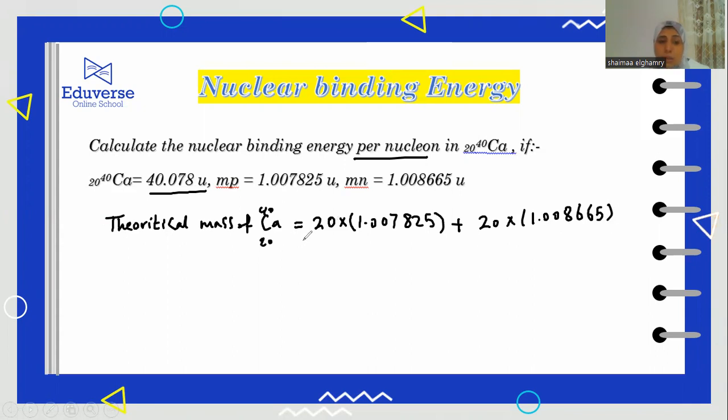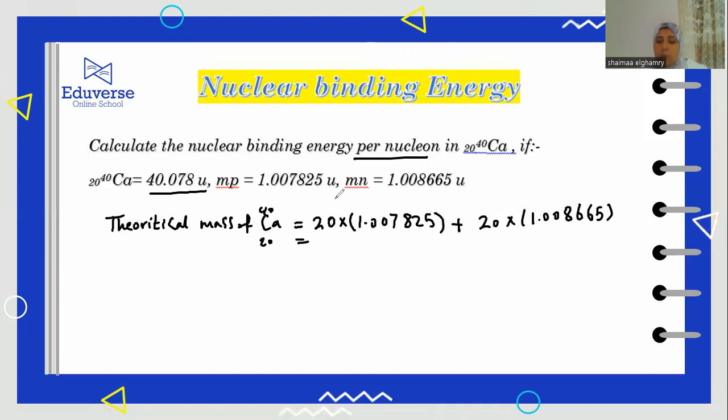So here the theoretical mass equals, I'm going to use my calculator. So it will be 20 times 1.007825 plus 20 times 1.008665.